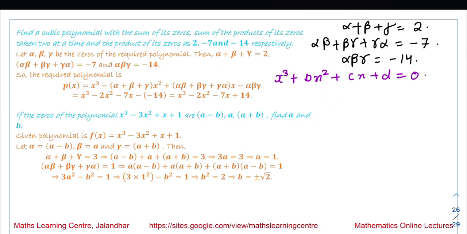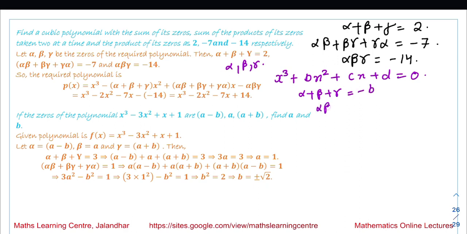Now if we look at this polynomial, suppose its roots are alpha, beta and gamma. So we get alpha plus beta plus gamma equal to minus b.